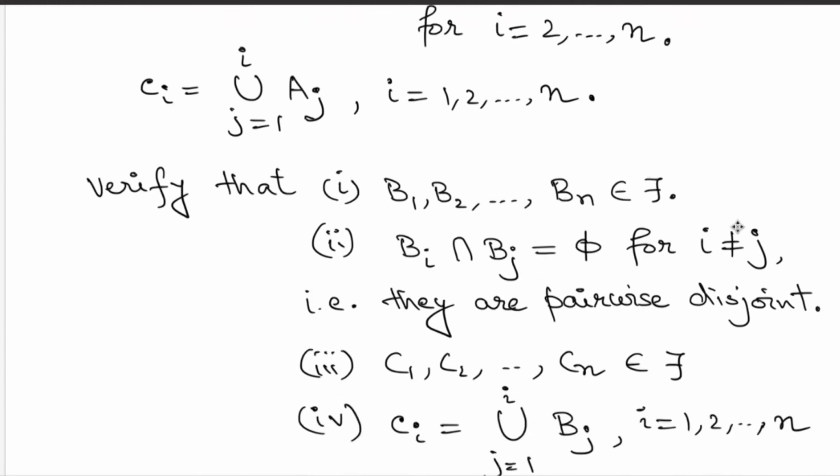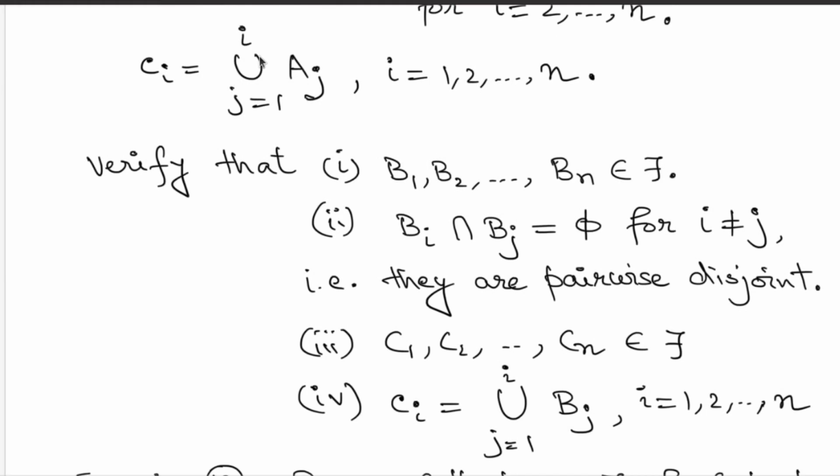Similarly, for the ci's, which are defined as a cumulative union, if a1 to an are in the field, then c1, c2, ..., cn are also in the field. Interestingly, you can also show connections between the ci's and the sets bj's. You can show that the ci's are again a cumulative union of the bj's. So try to verify these relations.